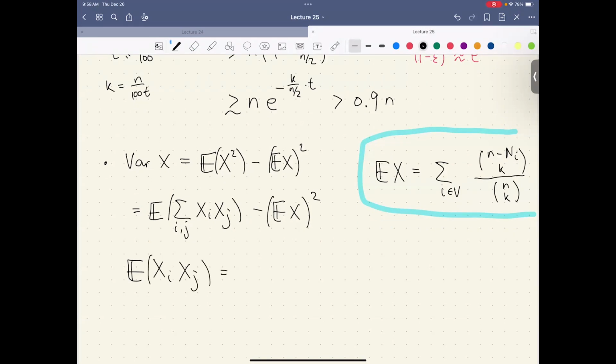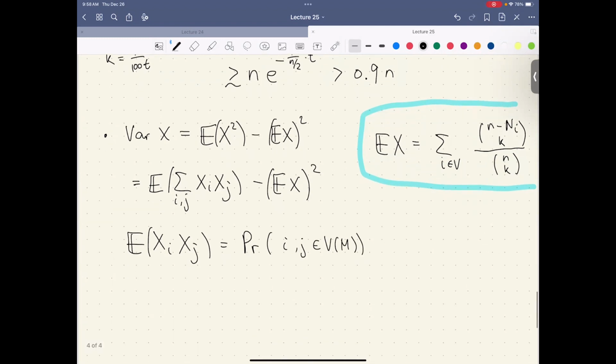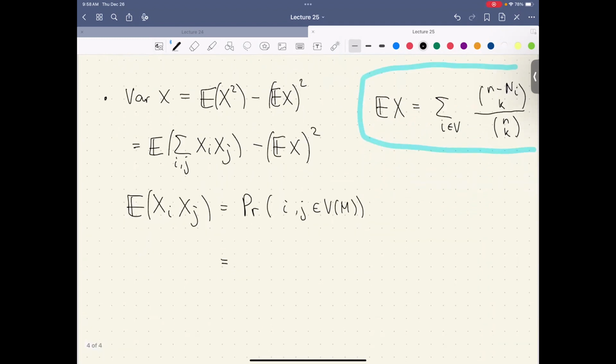This is basically the probability that both i and j lie in the vertex set of M. As I said, similar to before, for a vertex to be in V_M, its closed neighborhood must be disjoint from K. So this is the probability that the closed neighborhood of i union the closed neighborhood of j are both disjoint from K. Okay, no problem.